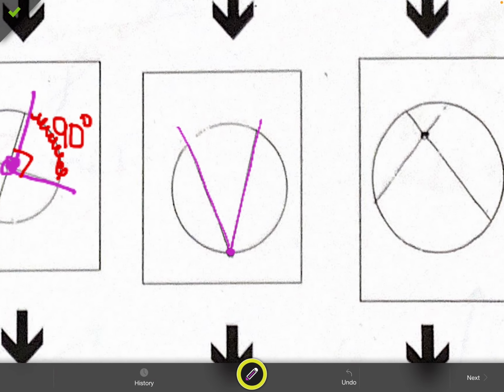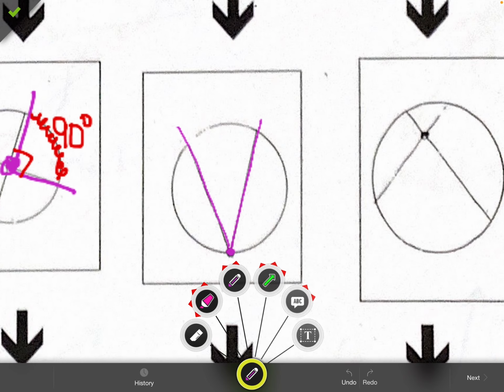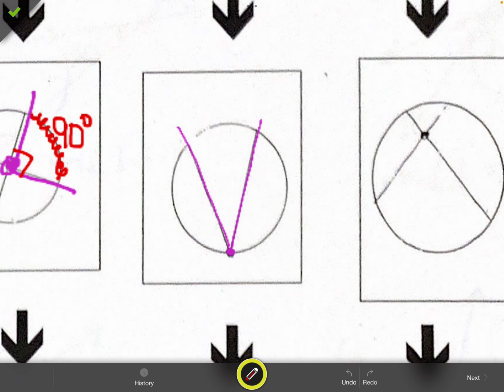Let's say that arc right there, let's make it red since I've been making the arcs red, this intercepted arc, measures 80 degrees. We want to find what this angle measures.